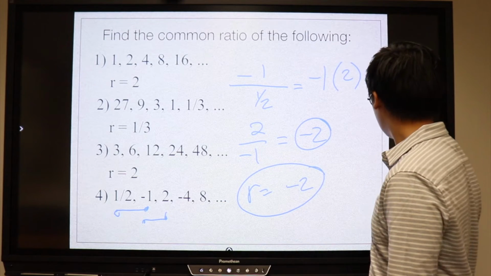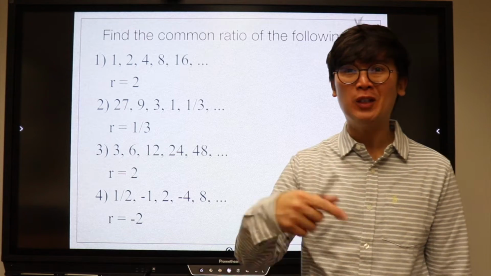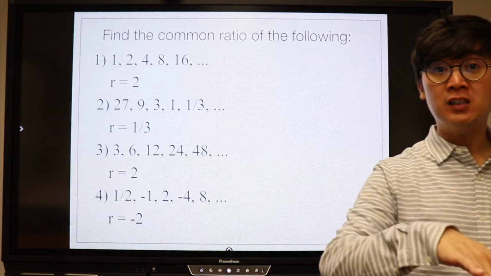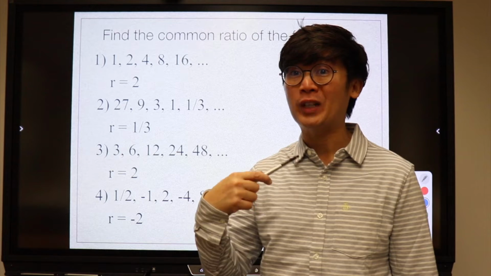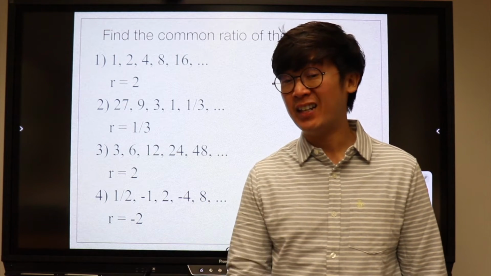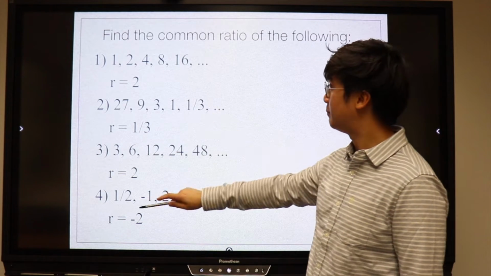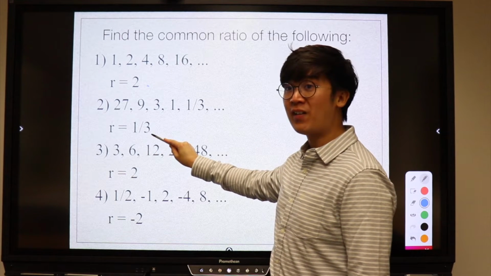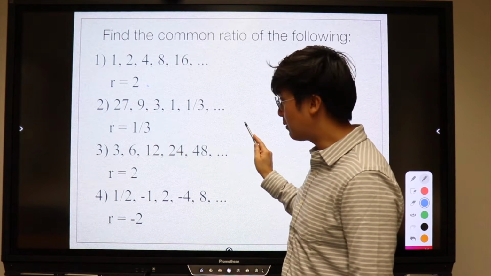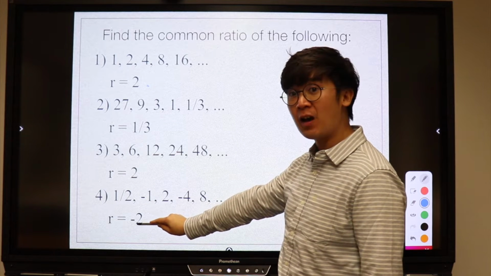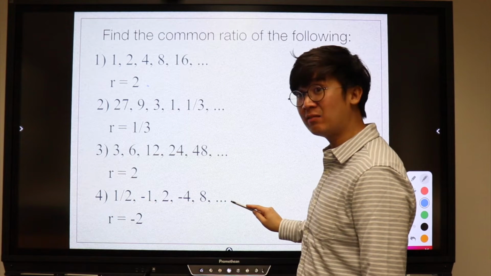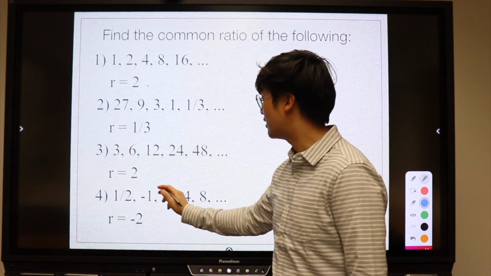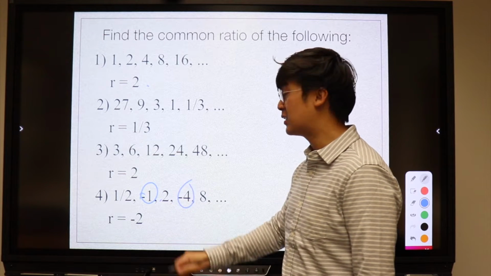That is why you need to know your patterns, because that's what we're learning here. We're learning patterns, and we're learning how to mathematically reason out what that pattern is. And recap: positive common ratio, increasing. Proper fraction ratio, decreasing. Negative whole number, still increasing, but it's alternating: negative, positive, negative.